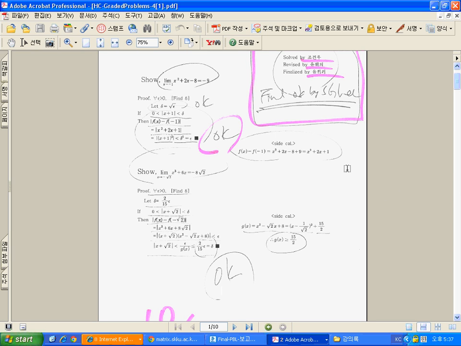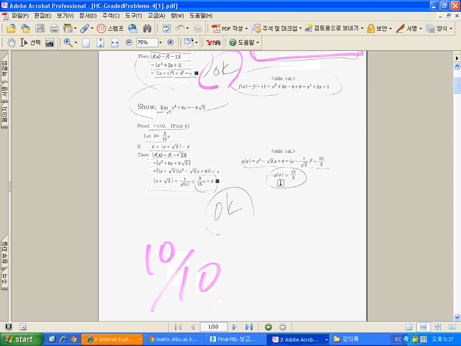Mr. Kim and Mr. Joe were lucky to have this relationship to adopt here. So 1 over g of x is less than or equal to 2 over 15. All this makes the absolute value of f of x minus f of minus square root of x less than epsilon with this given condition.